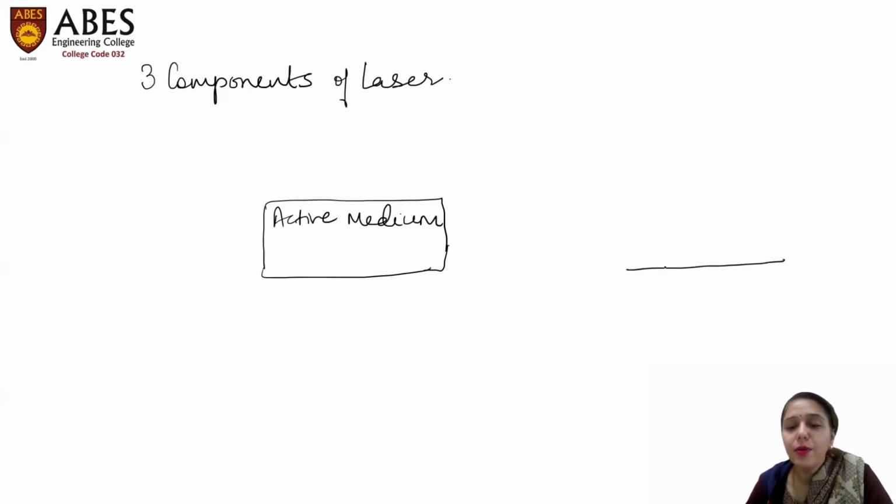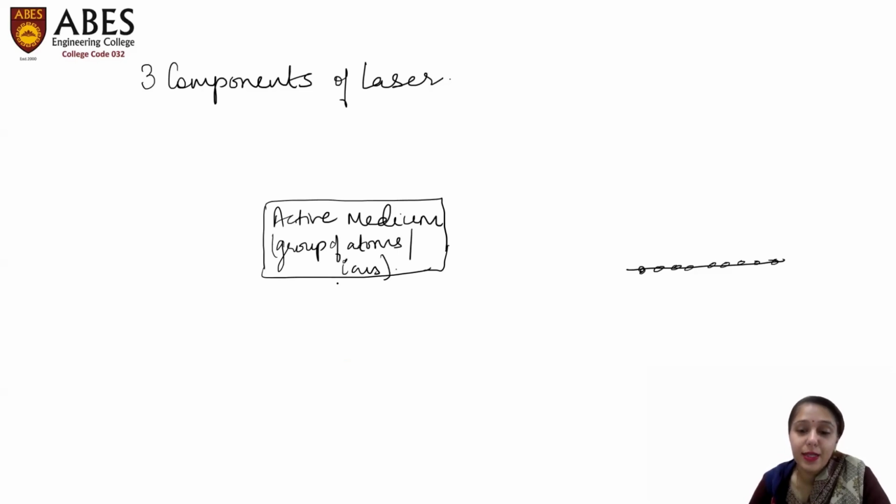If there are 0 atoms in the ground state, then how can they jump up, and how can we incident some energy upon them so that they are raised to the higher energy level? This means there must be atoms or ions present in the ground state. So the active medium is a group of atoms or ions which needs to be excited such that stimulated emission takes place.